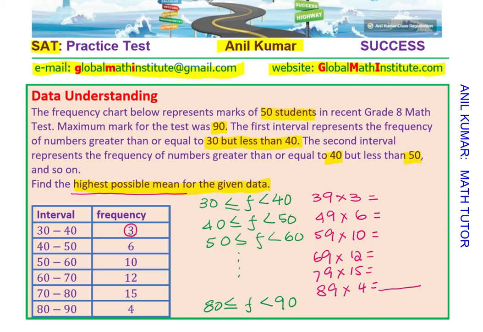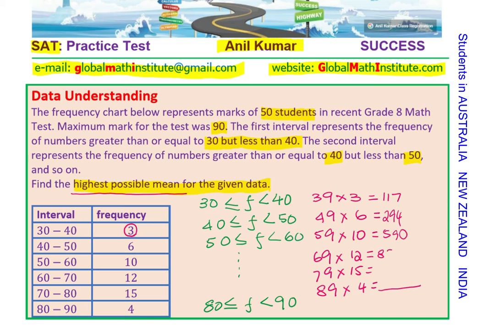So 39 times 3 gives 117. You can also do 40 times 3, which is 120, take away 3. Similarly, you can multiply each term one by one, write down the numbers, and then add them up to get the total number of marks.